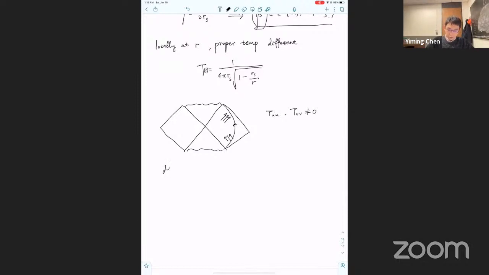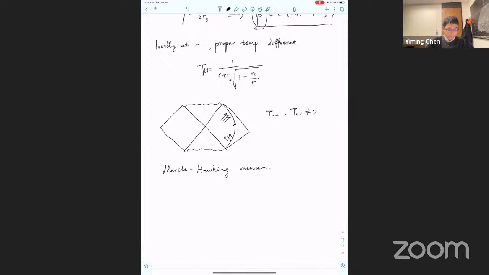So this is the so-called Hartle-Hawking vacuum for the black hole, where you can also do a similar trick by going into the Euclidean space and derive various facts about this vacuum, which I believe Professor Hartman talked about in his class.